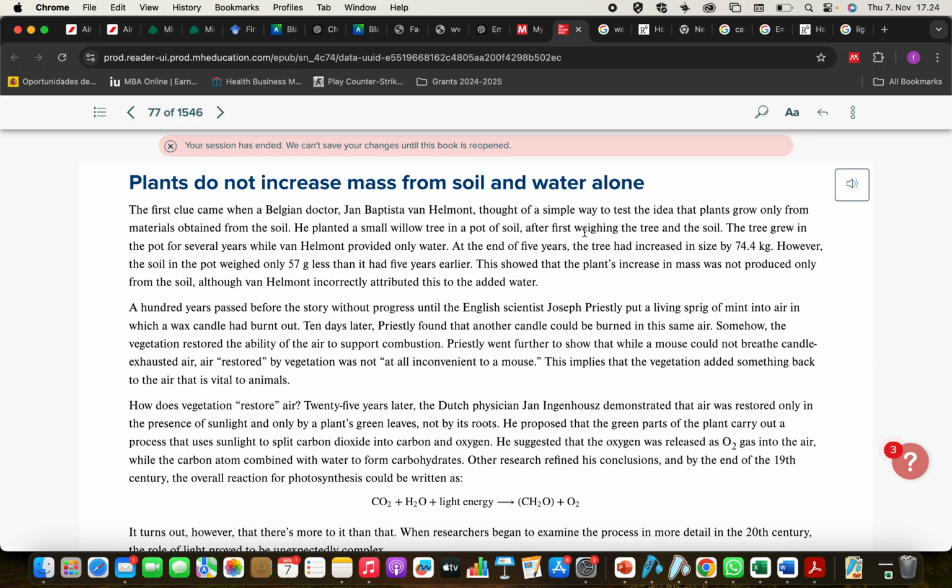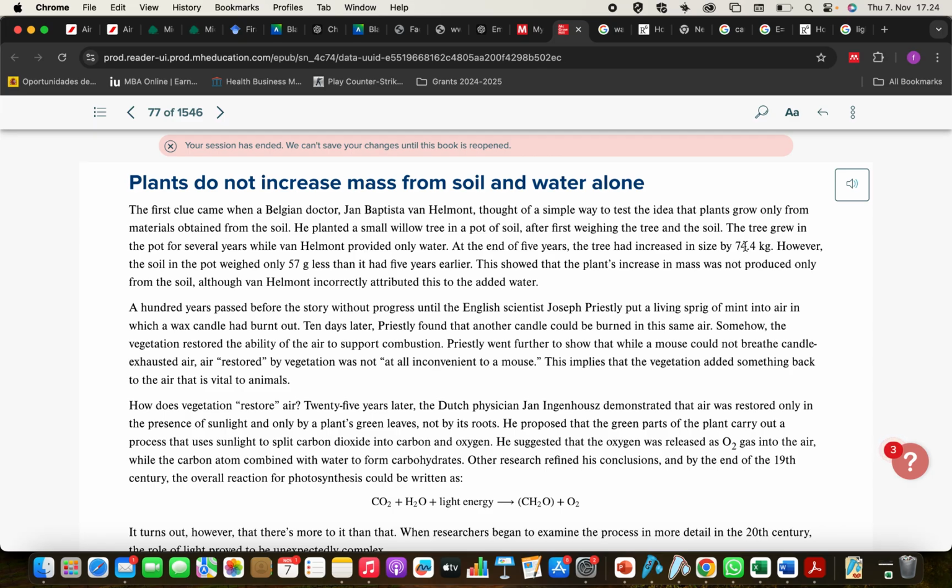So what he did is he got, if I'm not mistaken, a small willow tree, and he put it in soil. First he weighed the tree and the soil, then he put them together and kept providing water. Then after 5 years, he weighed the soil and the tree.